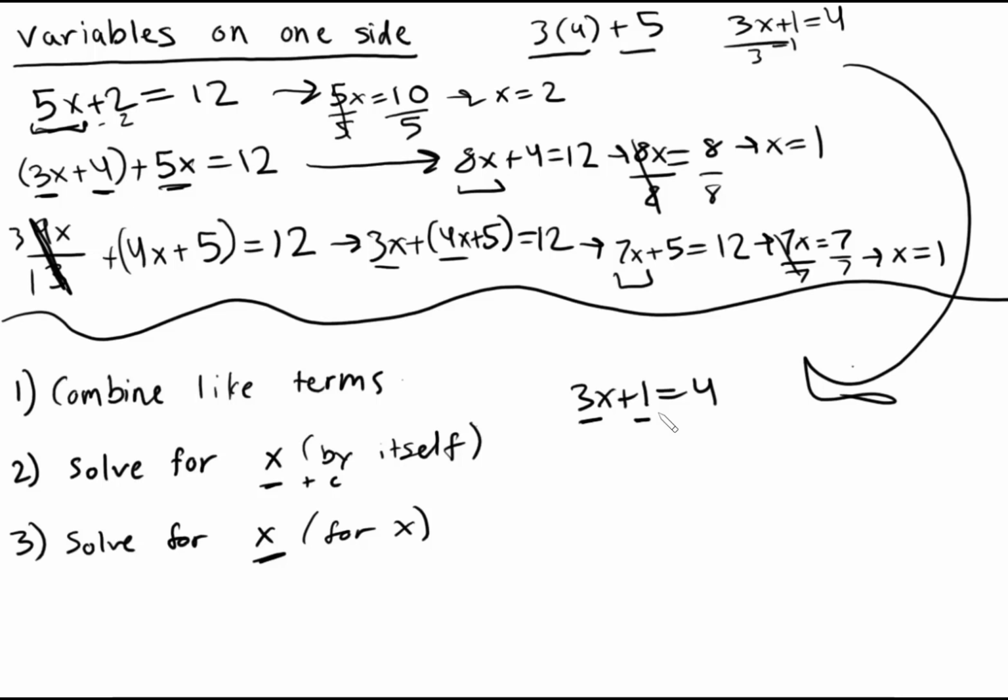It's kind of like taking a step backwards instead of forwards. So you're going to do the exact opposite order and the exact opposite operations: instead of addition here, you're going to subtract, and instead of multiplication here, you're going to divide.